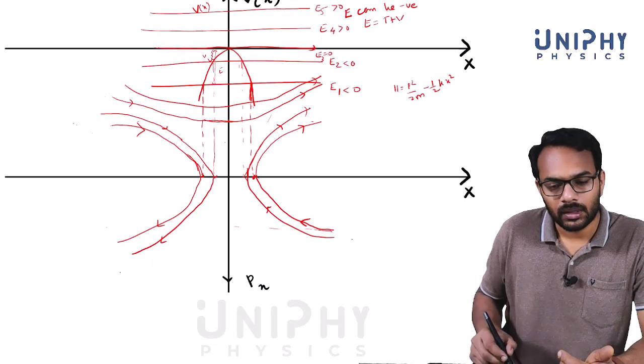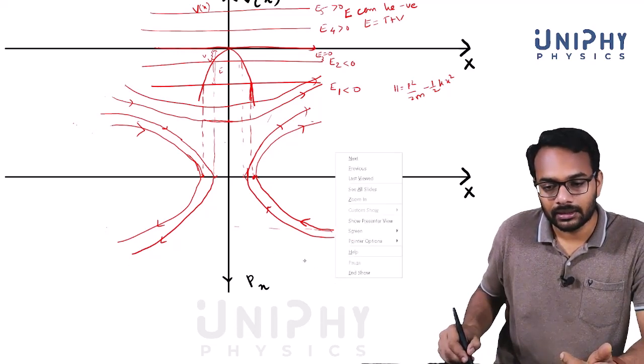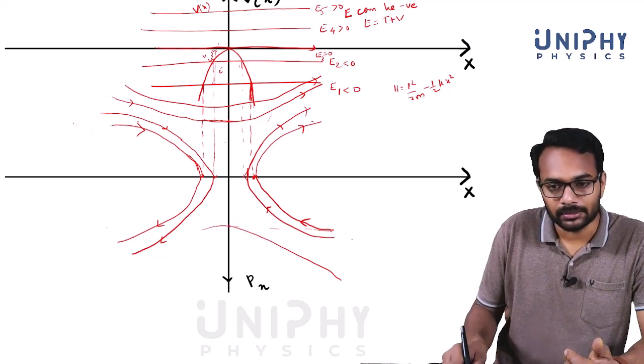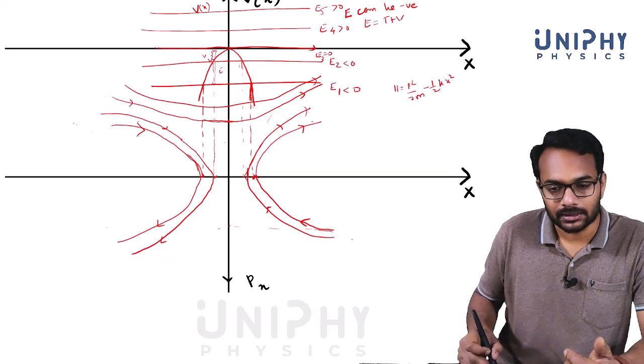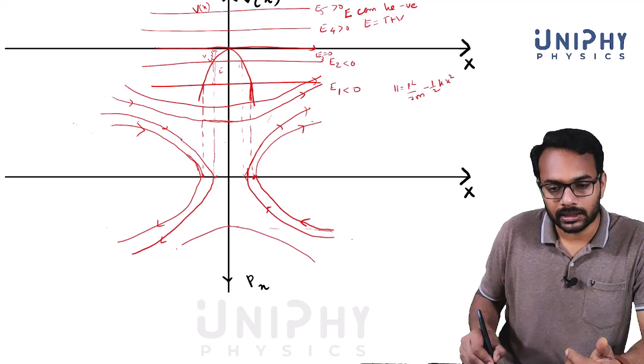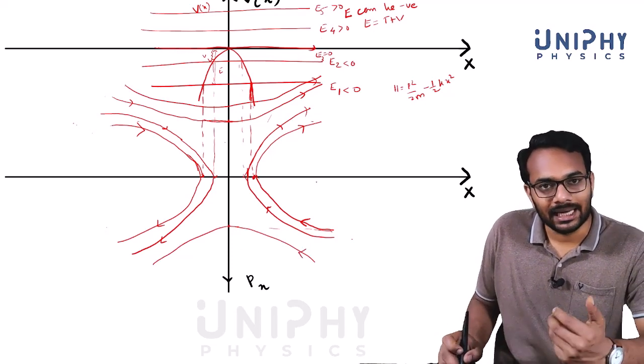Similarly, we can imagine particles coming from plus infinity. You'll see that it sees more and more of the potential energy. The momentum becomes a minimum at the maximum of the potential energy, and then it increases in the opposite direction. I'm just explaining this in more detail so that this idea becomes clear.